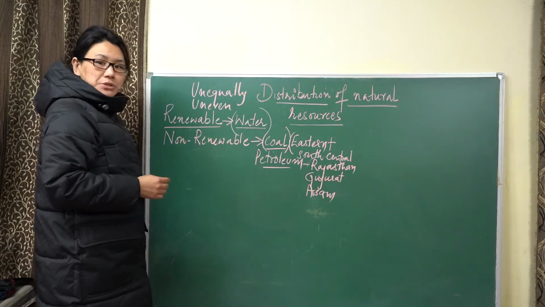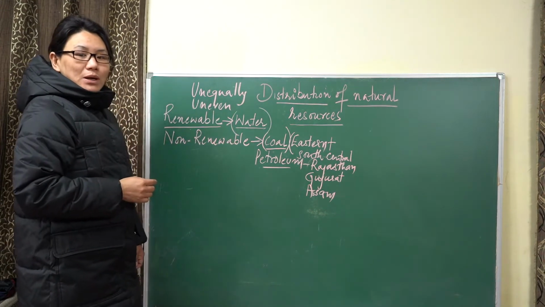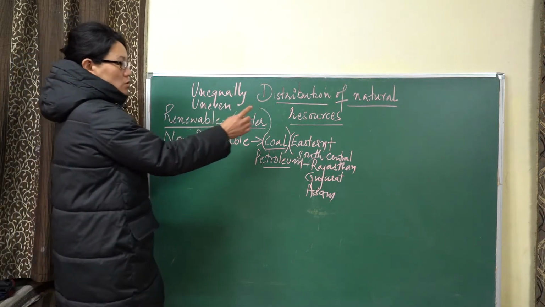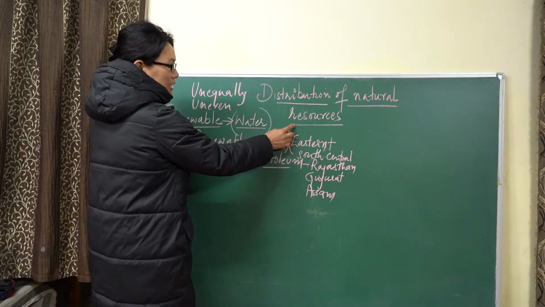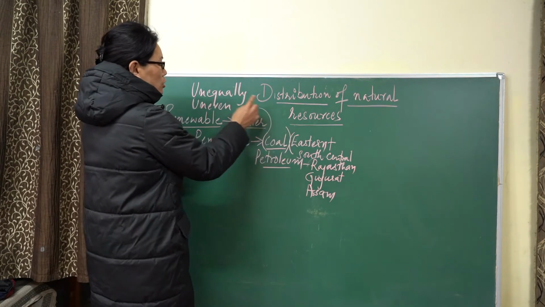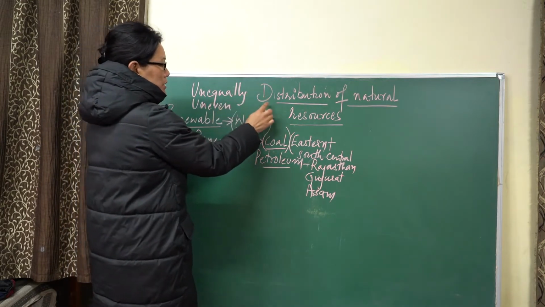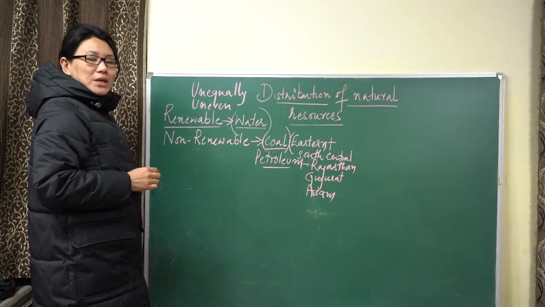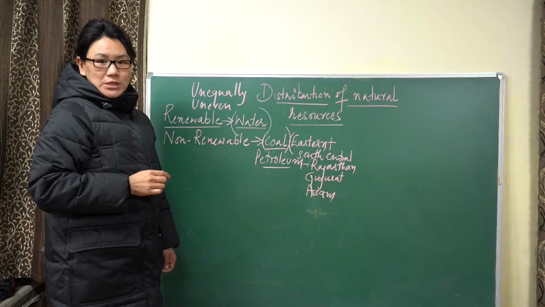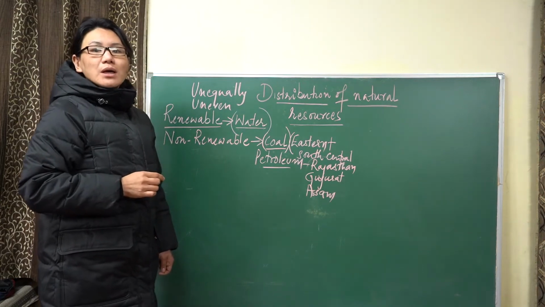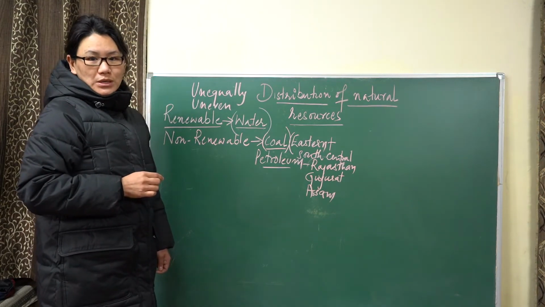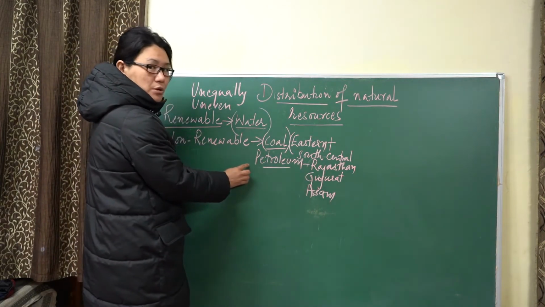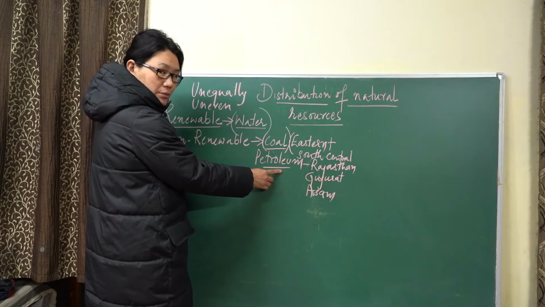Same, water too. Now what does it show? It shows that resources of India are not equally distributed. In different places, we get different resources and also different amounts. As I said before, Rajasthan is the largest producer of petroleum, right?